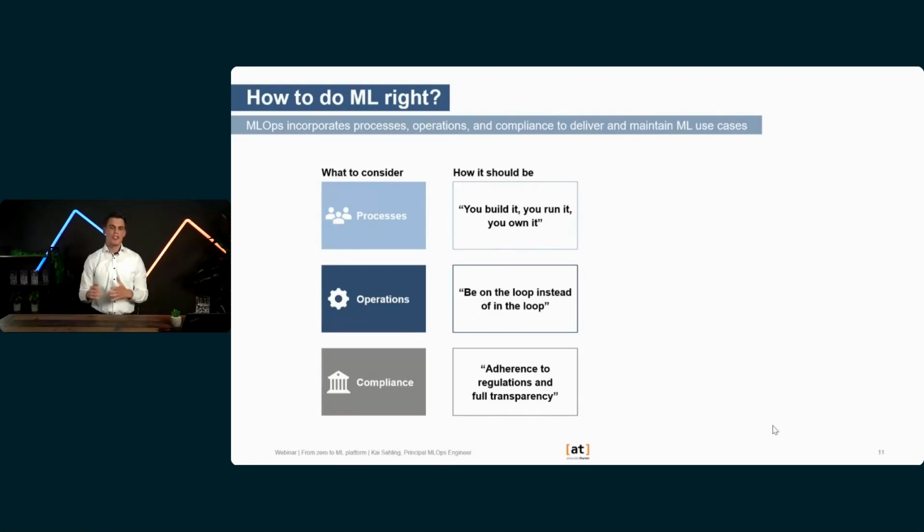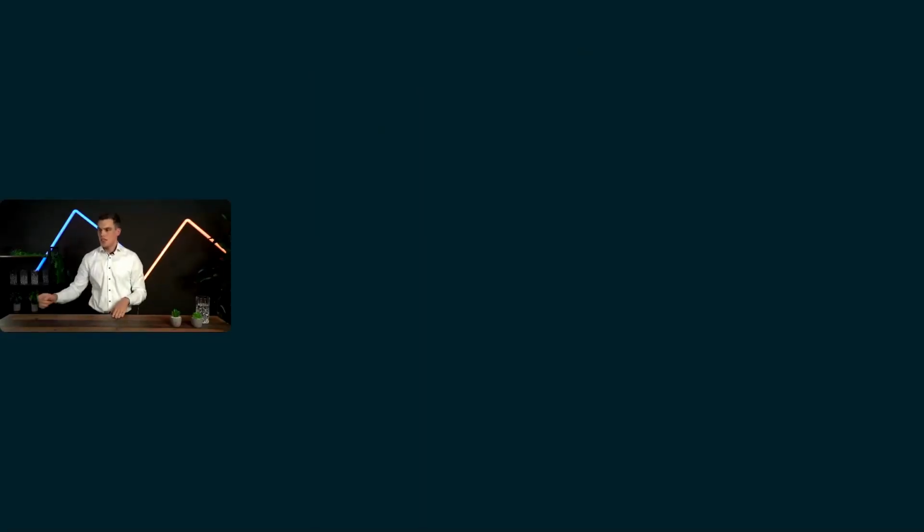So let's say you build the best ML or the best model there ever was, but if it violates any internal or external regulation, you simply have to shut it down. It doesn't matter how good your machine learning product is, you have to shut it down. That's it.